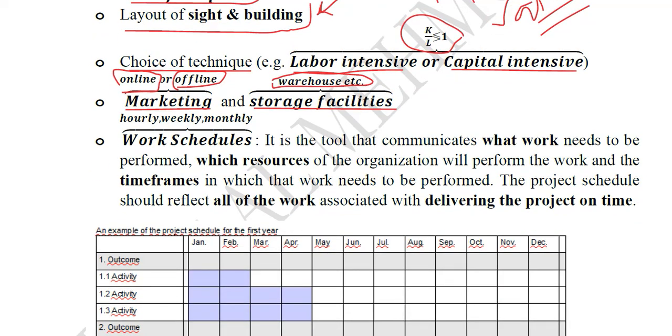And then there are work schedules. Another thing to be considered in the work process is the work schedule. And for that, what we do is what work needs to be done and which resources are to be used and what are the time frames in this process, so that it should reflect that all of the works associated with delivering the project are done on time.